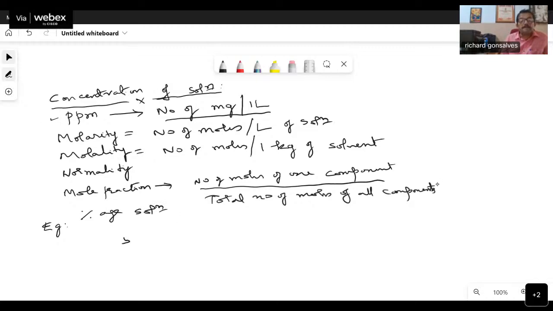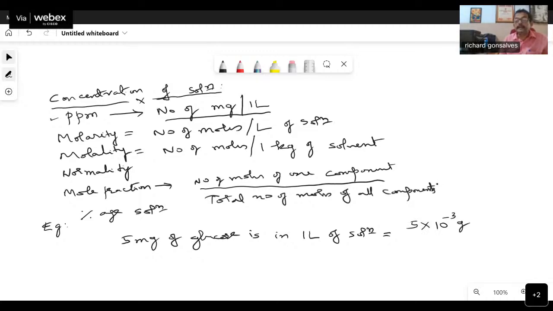If 5 milligrams of glucose is in 1 liter of solution, that is equal to 5 milligrams, I can write it as 5 into 10 to the power minus 3 grams. Do you agree?